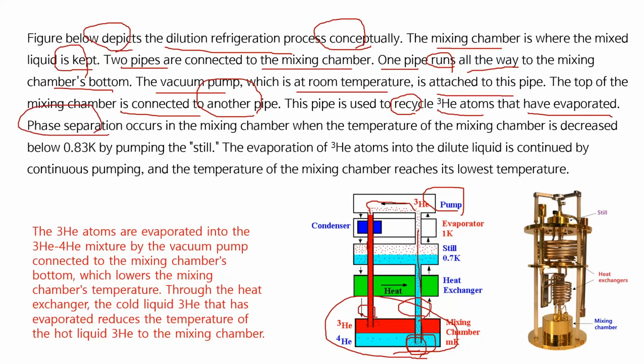Phase separation occurs in the mixing chamber when the temperature of the mixing chamber is decreased below 0.83 Kelvin by pumping on the still. The temperature at the still is around 0.7 Kelvin.